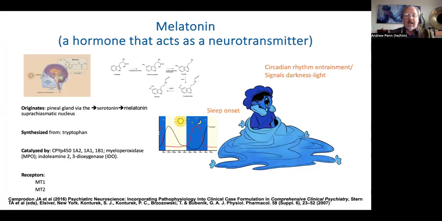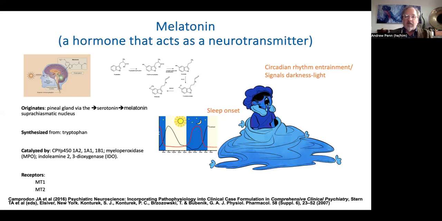And then finally, our last monoamine would be melatonin. As you recall, melatonin is synthesized from serotonin. And melatonin, interestingly, is made in the pineal gland in response to darkness. So we have receptors in our eyes, in the retina, that synapse through the suprachiasmatic nucleus and connect to the pineal gland.